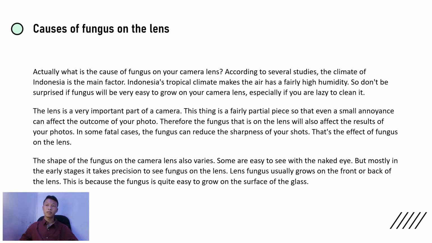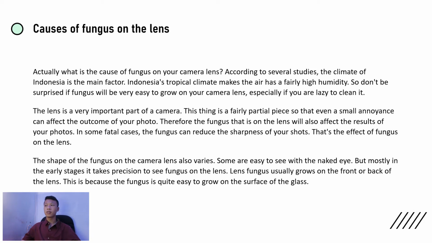The lens is a very important part of a camera. It is a fairly delicate piece, so even a small annoyance can affect the outcome of your photo. Therefore, the fungus on the lens will also affect the result of your photo. In some fatal cases, the fungus can reduce the sharpness of your shot.